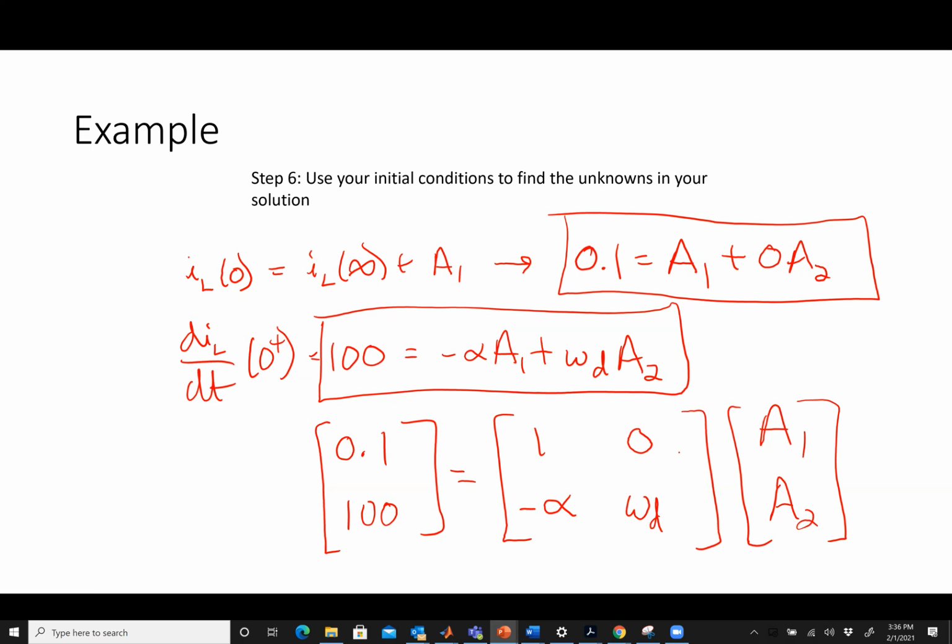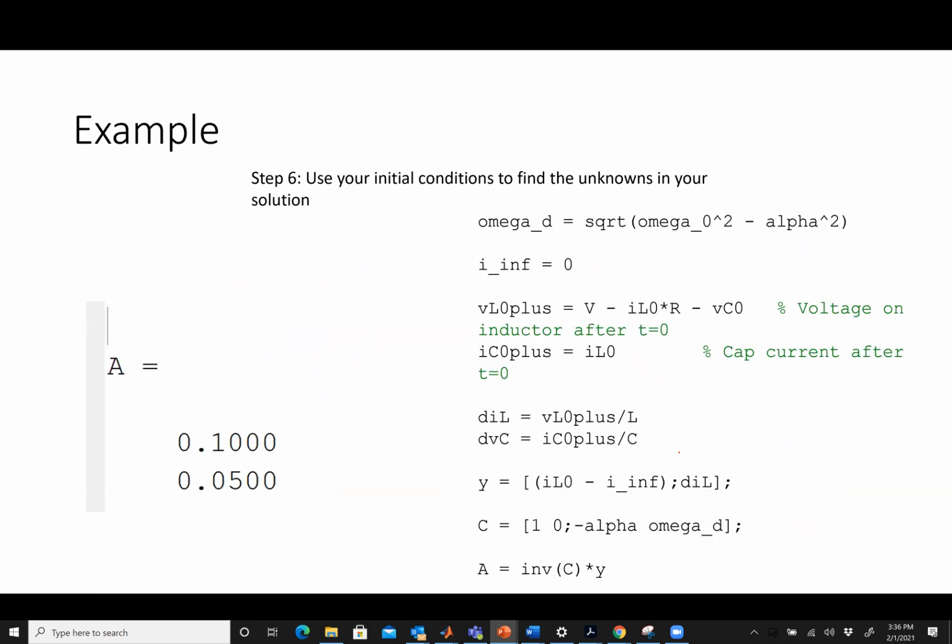So that's because in MATLAB we can solve the system with variables, right? You can, totally. So here's how I set that up. I have omega D equals that. You can follow through what I did here, but essentially I set this up as y equals c times a, where y is the thing that I just wrote.